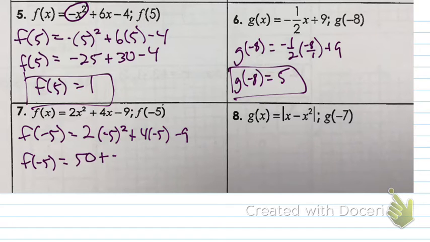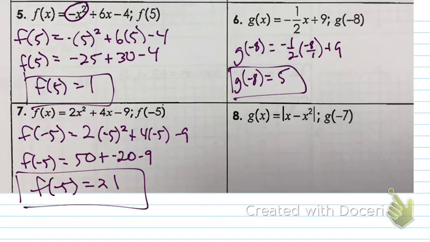I got a 50, a negative 20, and a negative 9. So 30 minus 9 is 21. Some things I've seen, there's like a 71 or a negative 71 that was wrong. If you did that, you multiplied first. Don't multiply first. And then g of negative 7.